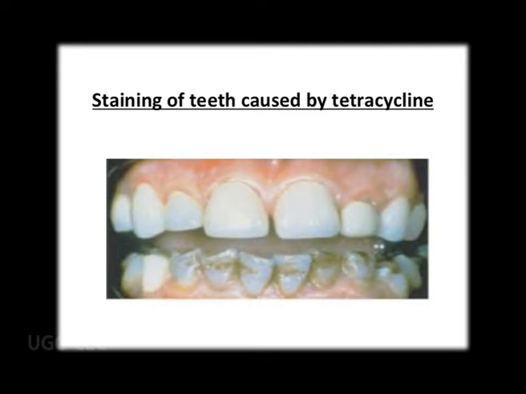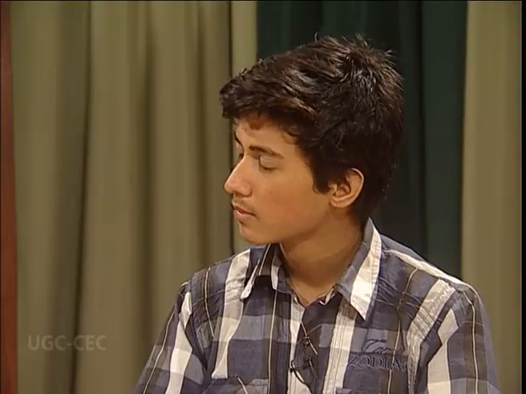So we have seen that they have various side effects, but still they are considered a two-edged sword because of their ability to combat a wide range of organisms, from gram-positive to gram-negative, Rickettsia and Chlamydia.